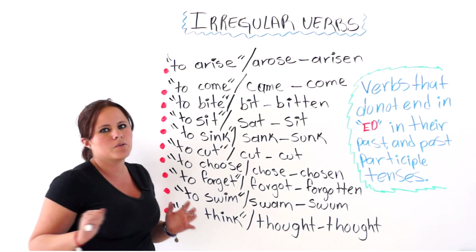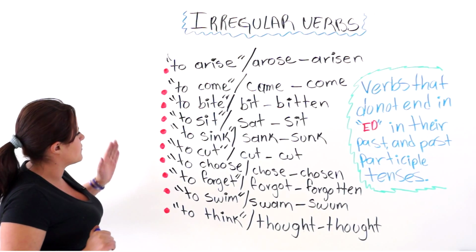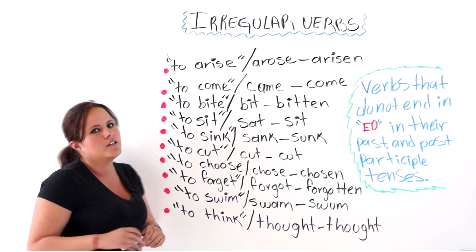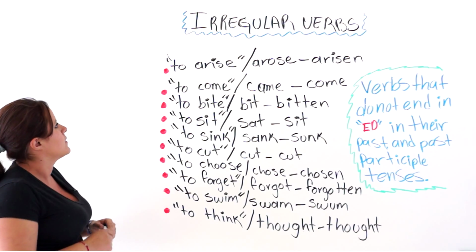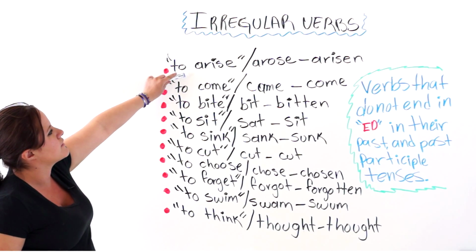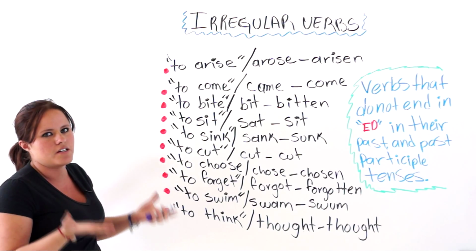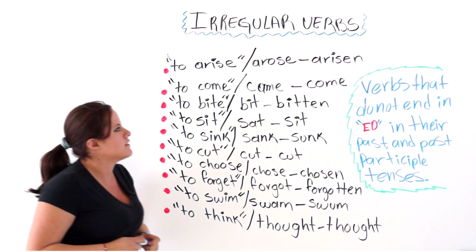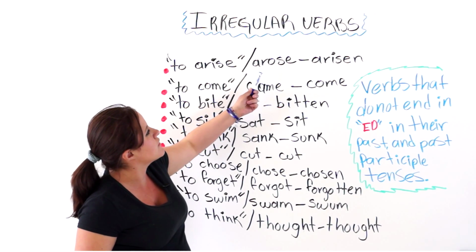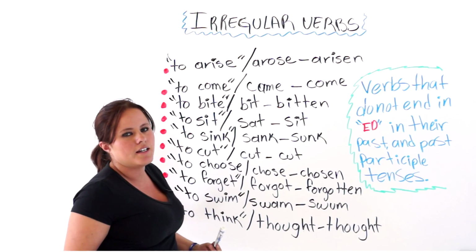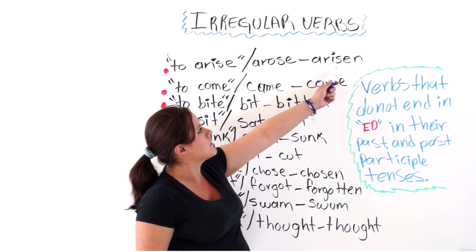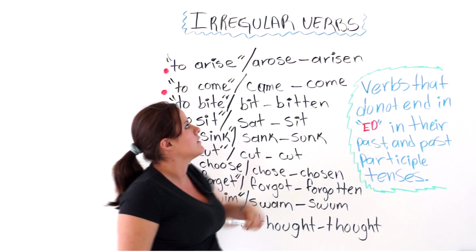I have some of the most common irregular verbs listed here on the board so that you can look at them. The first one says to arise. That means to elevate, or to ascend. The simple past is arose, and the past participle is arisen.